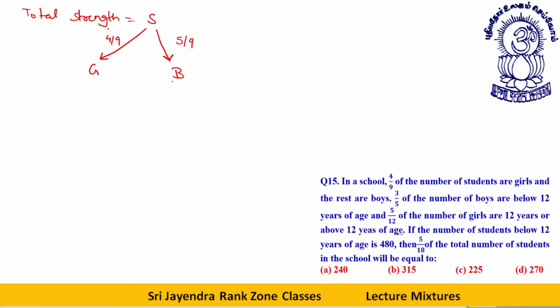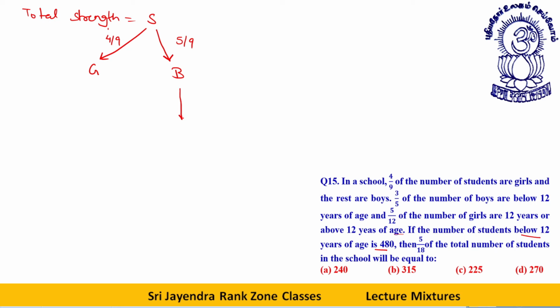5/9 are boys. Now, 3/5 of the number of boys are below 12 years of age. So what do we require first? If the number of girls is given as 480, what is the number of students below 12 years? So let's deal with below 12 years. 3/5 of the number of boys are below 12 years.